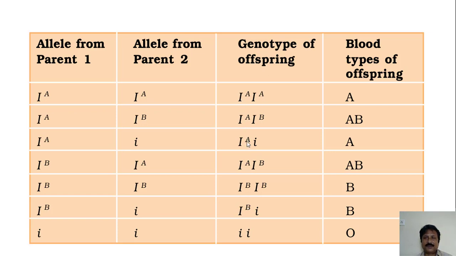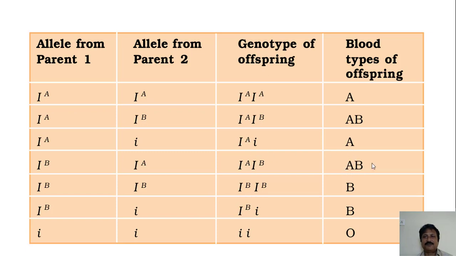If you plot this in the Punnett square, make a checkerboard and plot it. Capital A and small i segregate. Capital B and small i segregate. After segregation, the pairing can be like this. Small i and small i pair to form blood group O. IA of the father and IB of the mother, for example, can pair and form blood group AB.